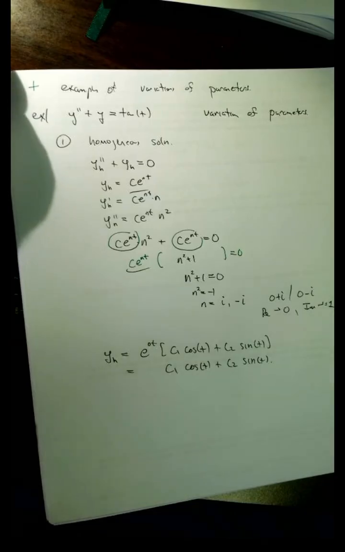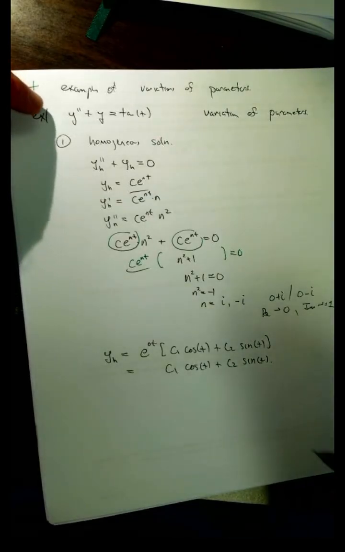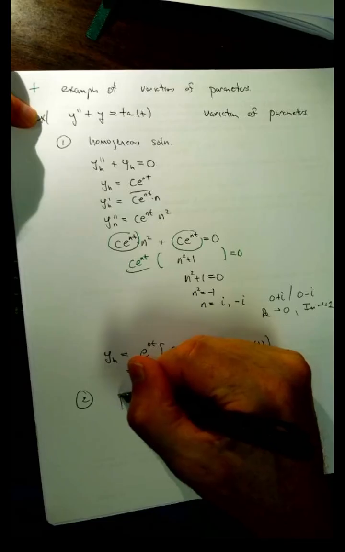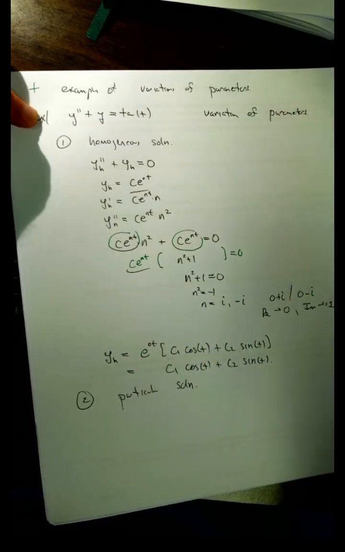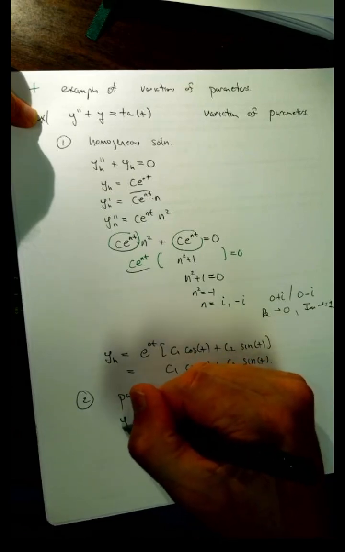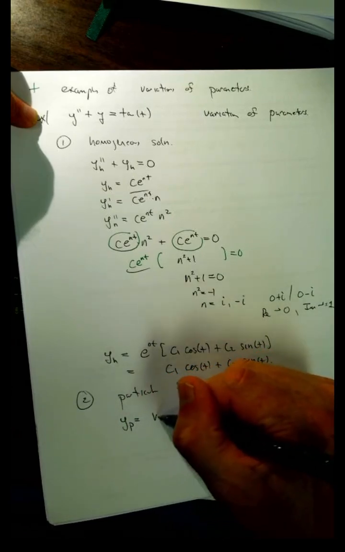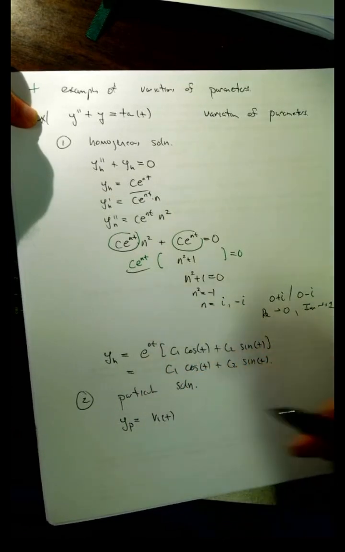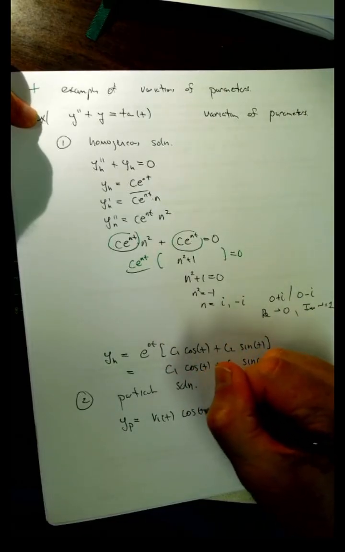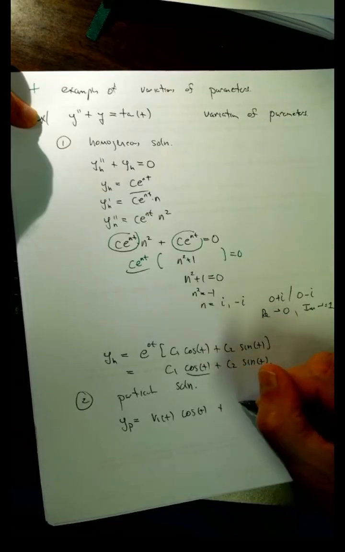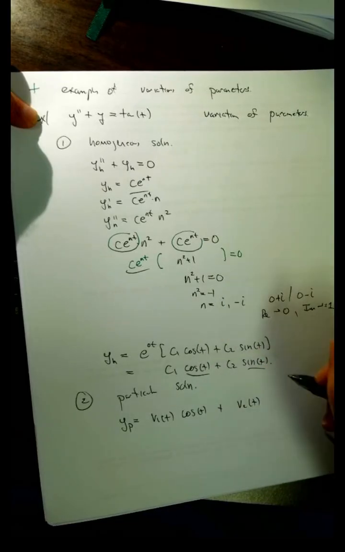All right, and now I want to do my particular solution. And we've already decided we're going to use variation of parameters. So my particular solution now is going to be v1, some function of t, times u1, which I'm going to just let be cosine of t, because that's from the homogeneous solution, plus v2 times the other one, which is sine of t.